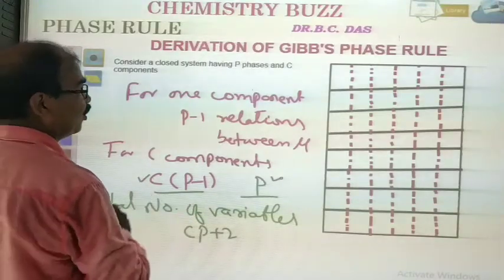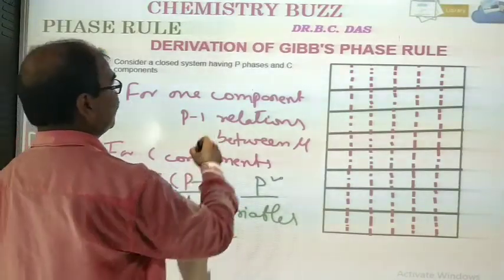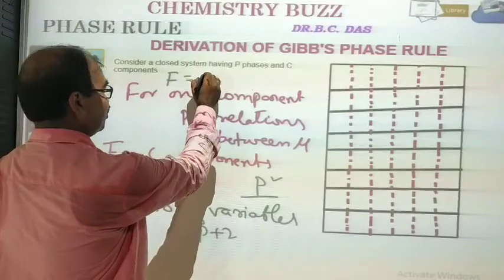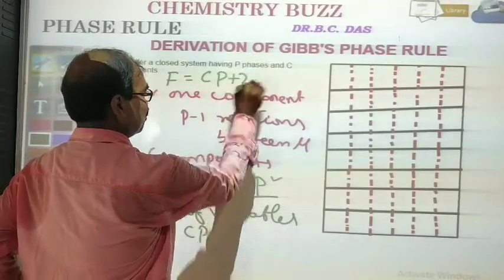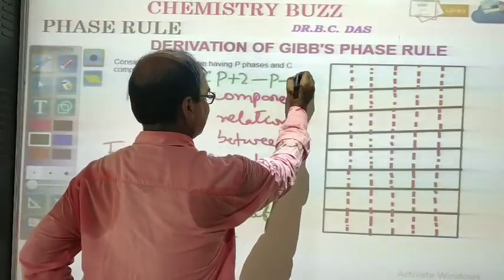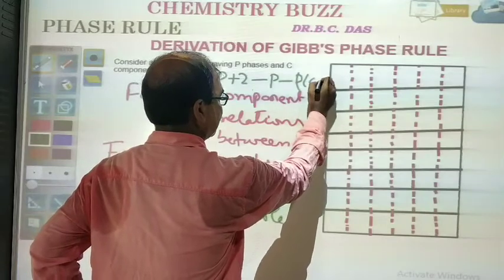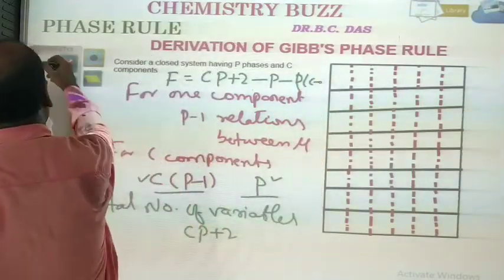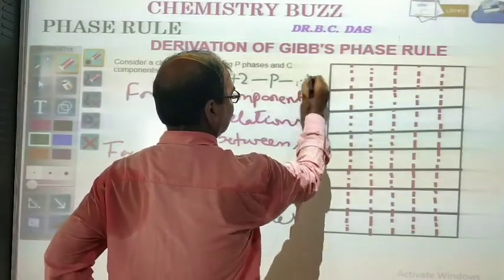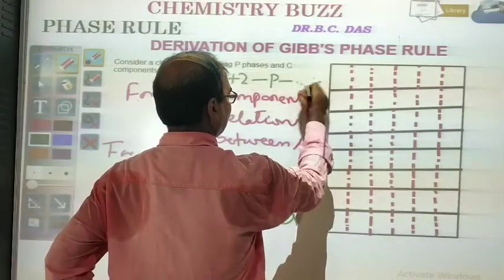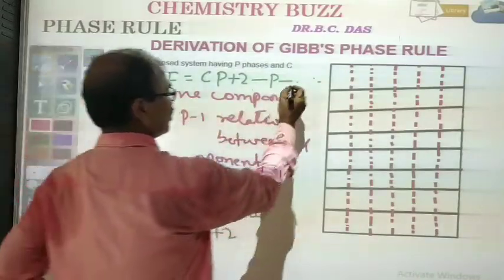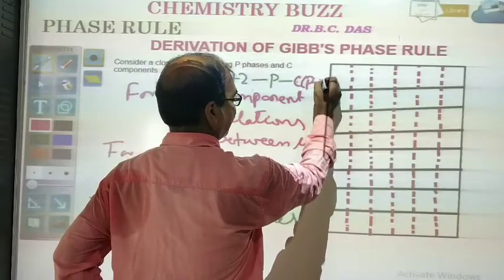is equal to the total number of variables, CP plus 2, minus the number of relations, that is minus P and minus C times (P minus 1).